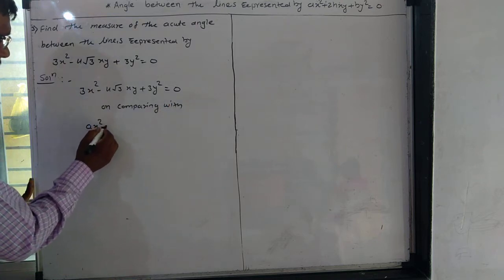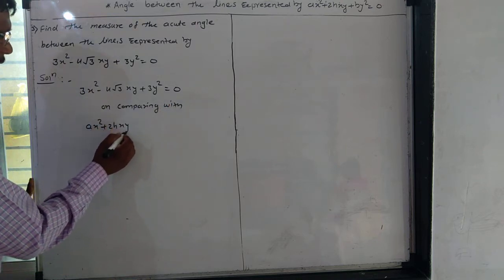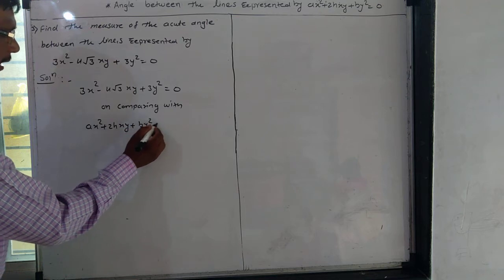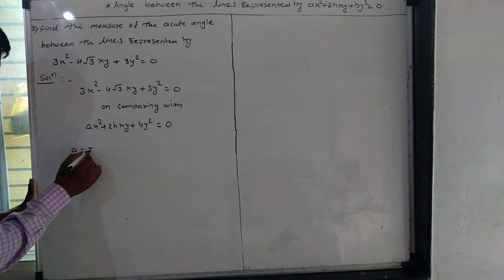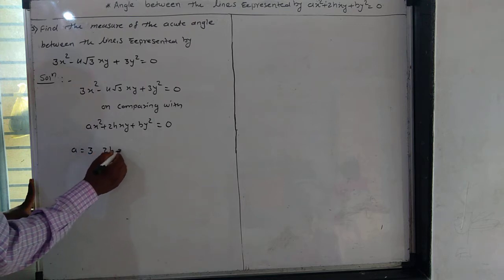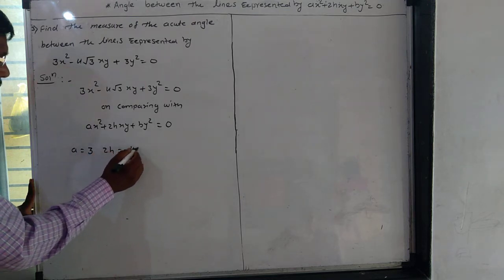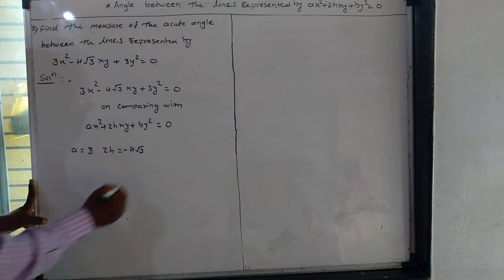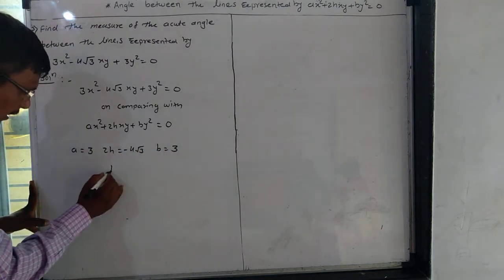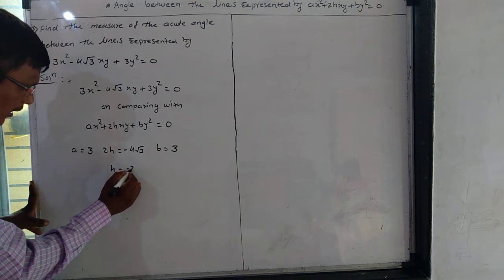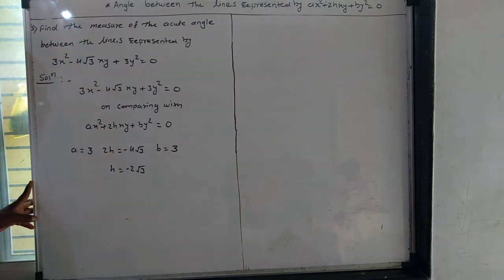ax² + 2hxy + by² = 0, we get a = 3, 2h = −4√3, and b = 3. From this, h = −2√3.